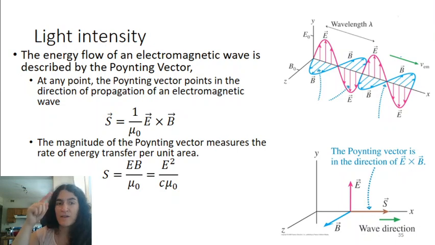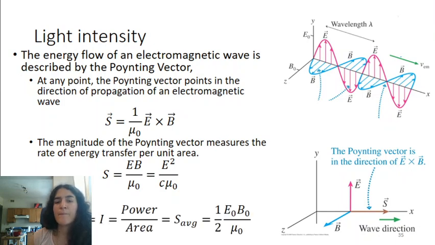But even then, the magnitude is oscillating with time, right? And so this is why we actually prefer to calculate the average Poynting vector. So the average Poynting vector would just be the average value of the electric field squared over time.